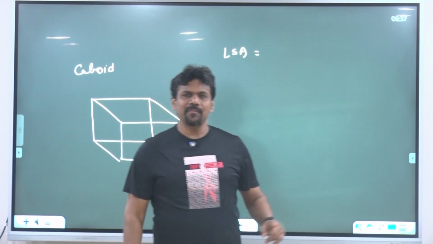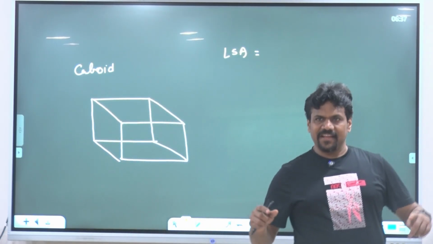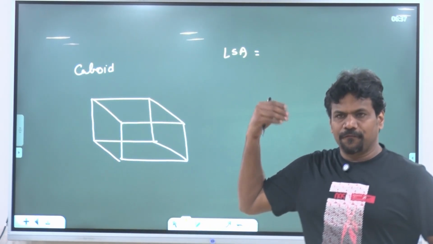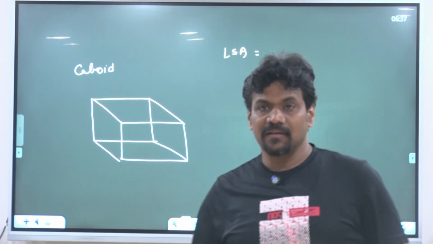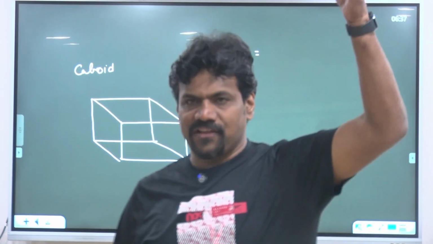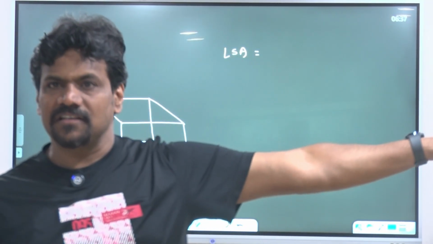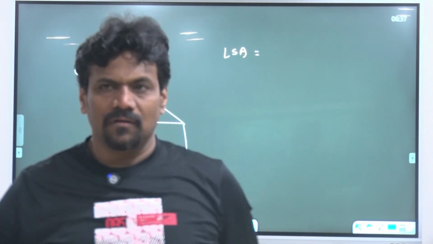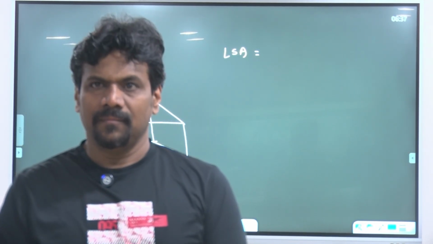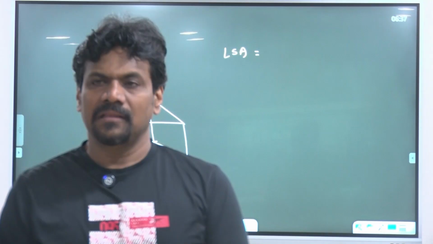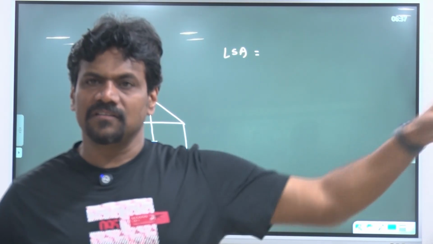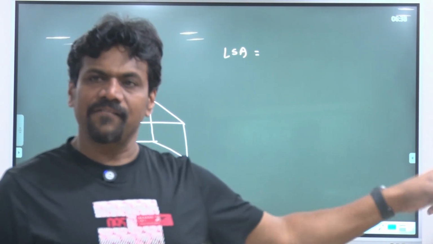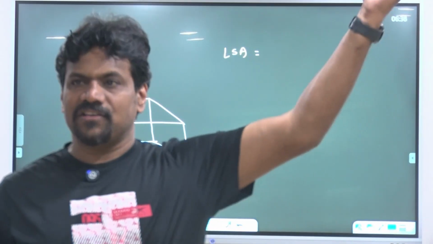Now tell me, if I have taken the front wall to back wall as length, the wall height to be h, this side where the girls are sitting, what is the area of that wall? We have taken this to be length and this to be h.